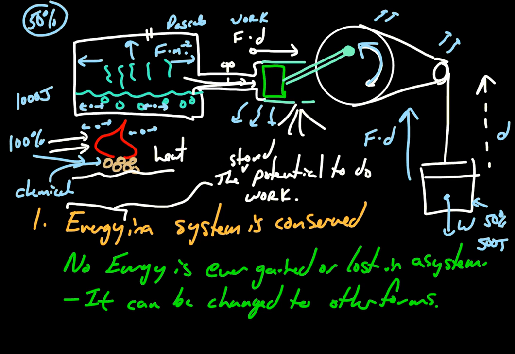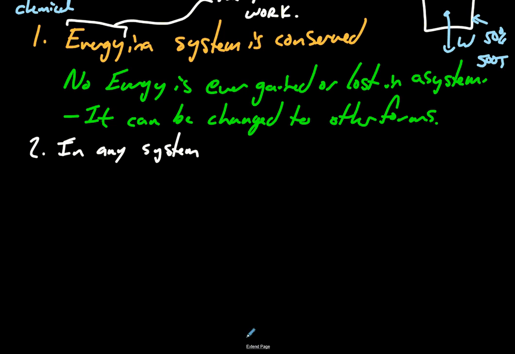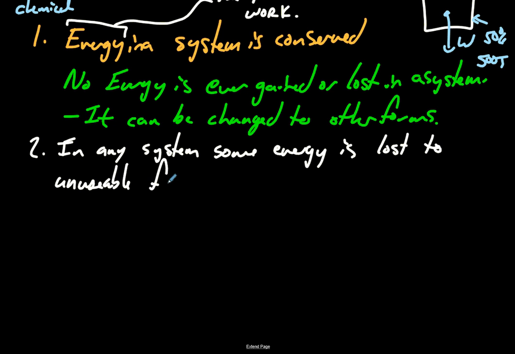That leads us to the second law of thermodynamics, which basically says that in any system, some energy is lost to unusable forms. Some energy is lost during energy transfer.